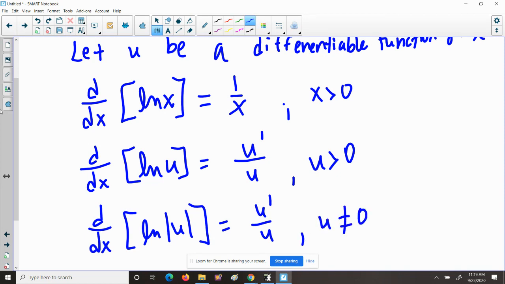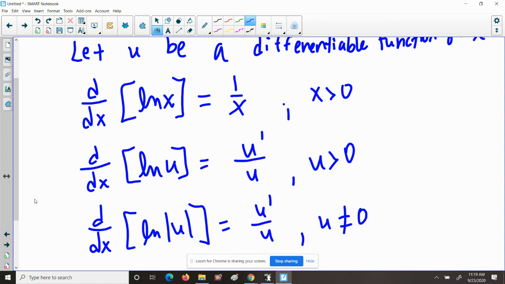Now, these are extremely easy derivatives to take, or they should be. Once you've identified what your function is inside of the natural log, you take the derivative of that and you divide by that original function. U prime over u, either way, even if you have an absolute value.